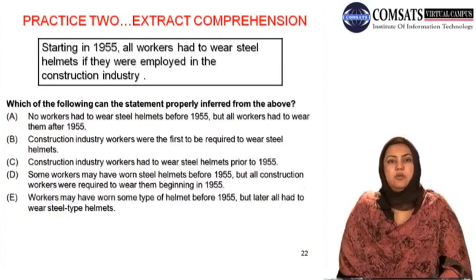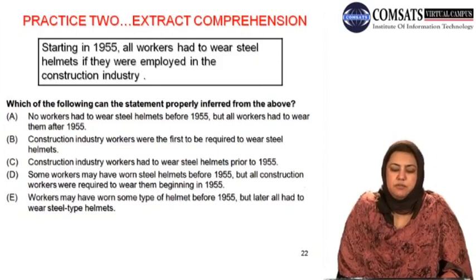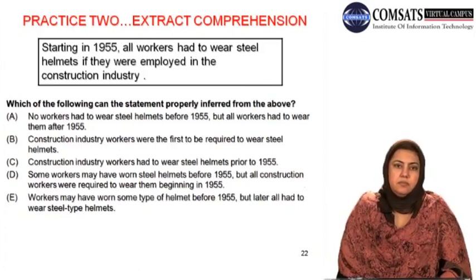This is some practice in how you can infer meaning while comprehending some text. Option A is, no workers had to wear steel helmets before 1955, but all workers had to wear them after 1955. Option B was, construction industry workers were the first to be required to wear steel helmets. Option C says, construction industry workers had to wear steel helmets prior to 1955.